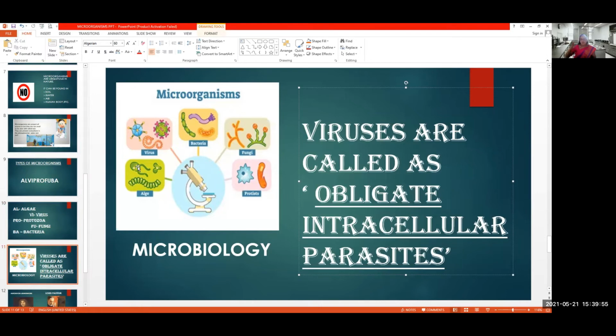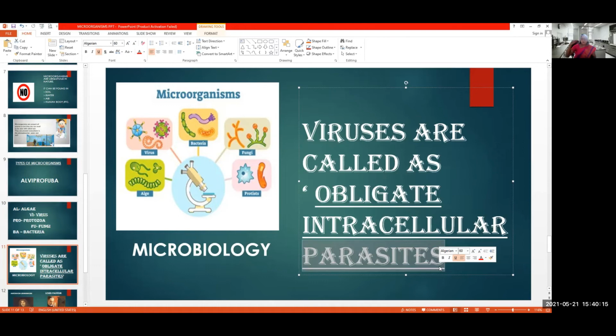But the virus always depends upon the host cell. Parasites are organisms that live on another living cell. You might have learned this in 7th standard, in the first lesson, nutrition in plants.